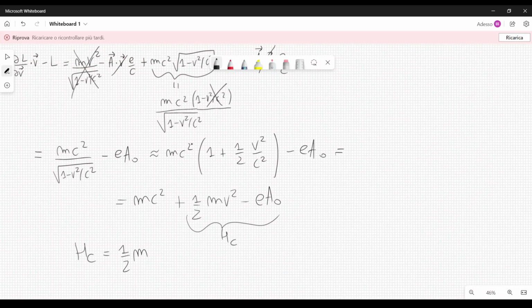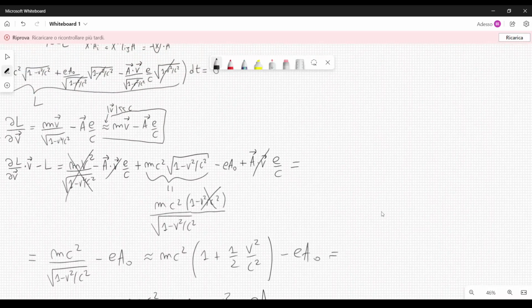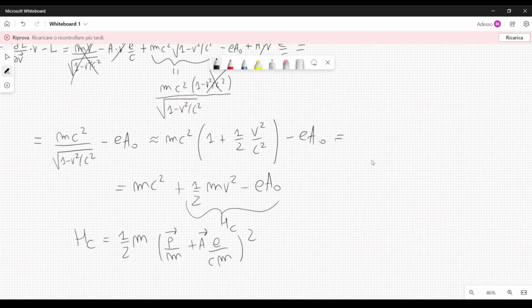So I can rewrite that as v equals momentum divided by the mass plus the vector potential times e over c times m, squared. So you just simply have to do the algebra there. And then I have minus e times A0. And this can also be written as 1 over 2m, p plus A e over c, squared, minus e A0.